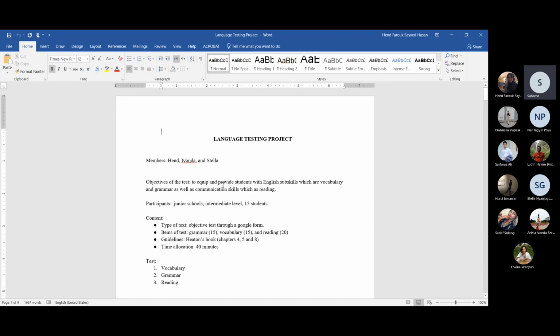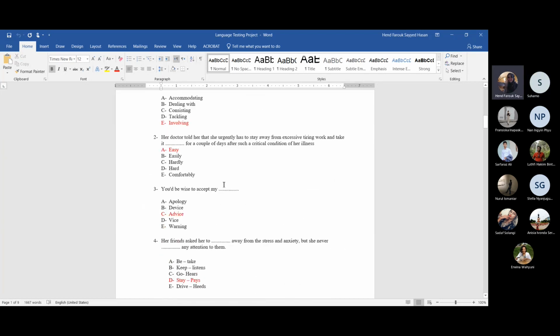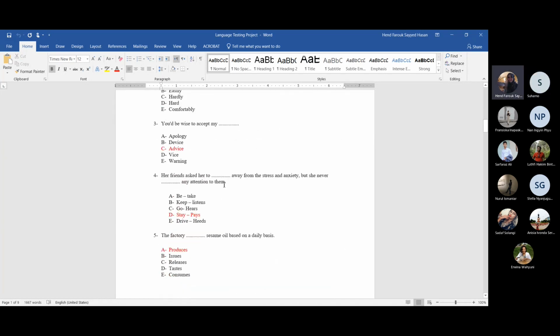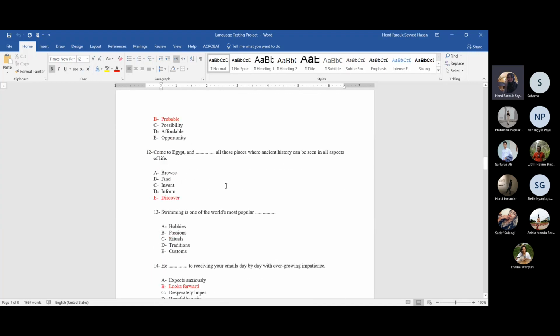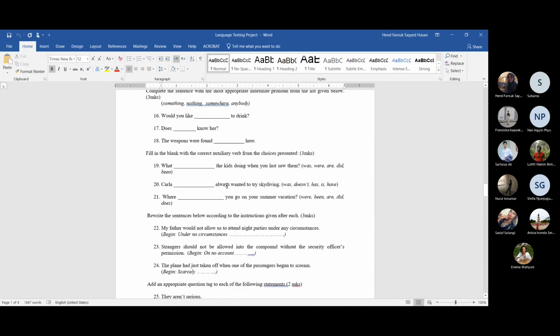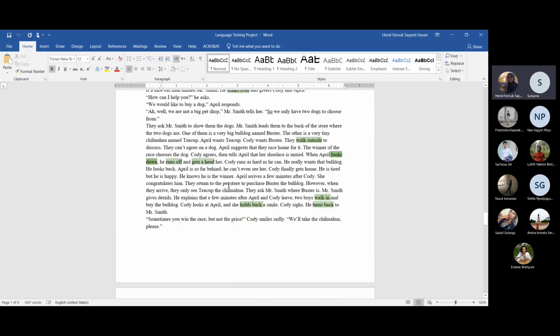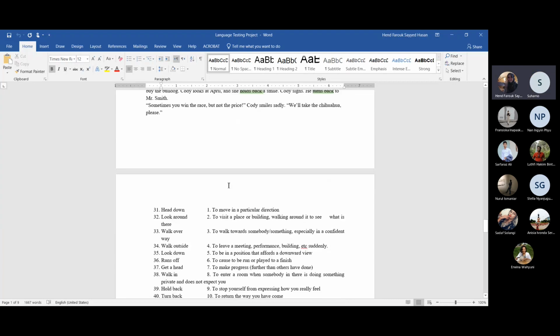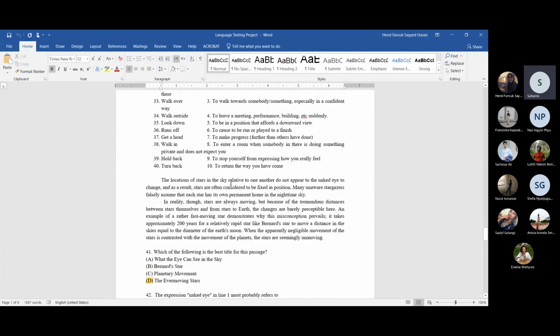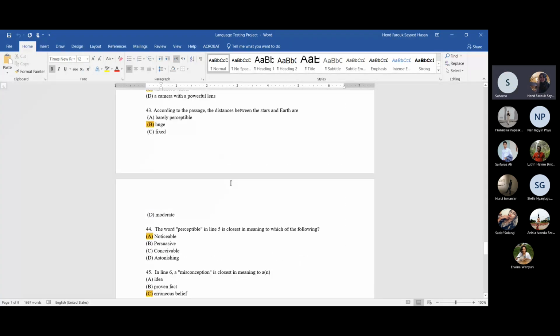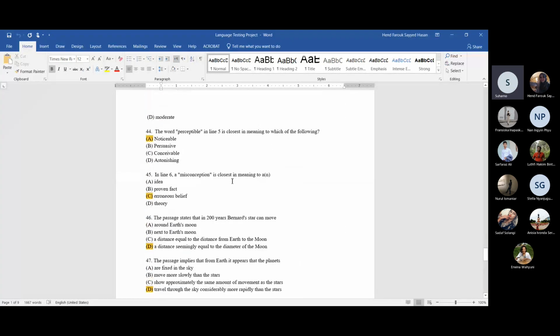Then we have vocabulary, 15 questions. Then we have the grammar part. Then we have reading. All of them are 50 questions. So for vocab, how many items? 15 questions.